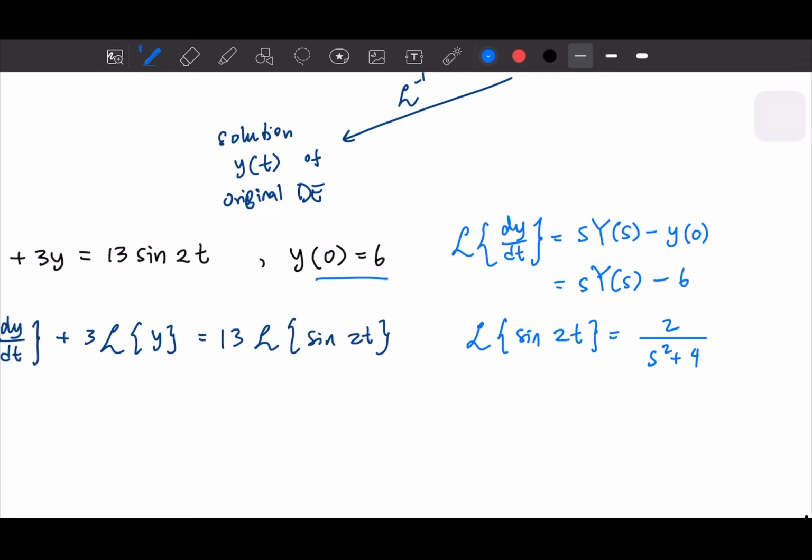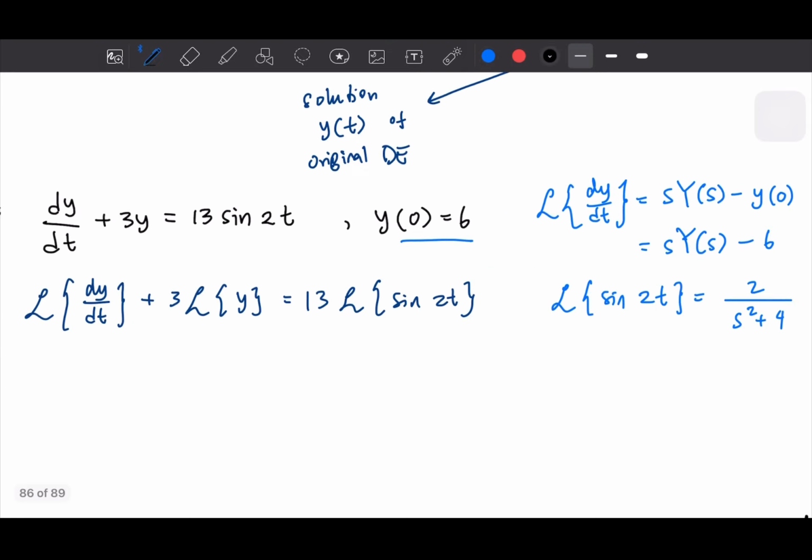Okay, and then the Laplace of y is just capital Y of s, so we could write here all the components. So s capital Y of s minus 6 plus 3 capital Y of s, equal to 13 times 2 is 26 over s squared plus 4.